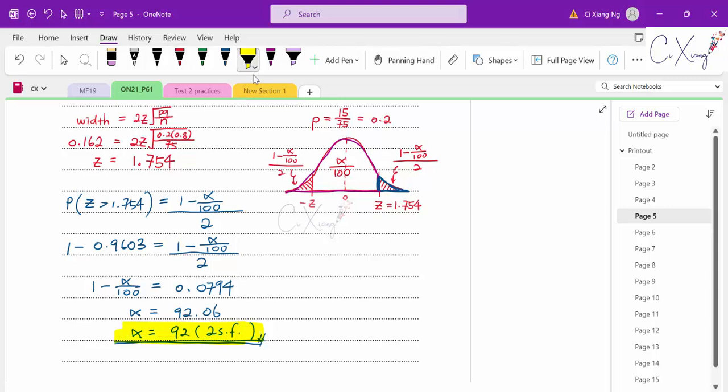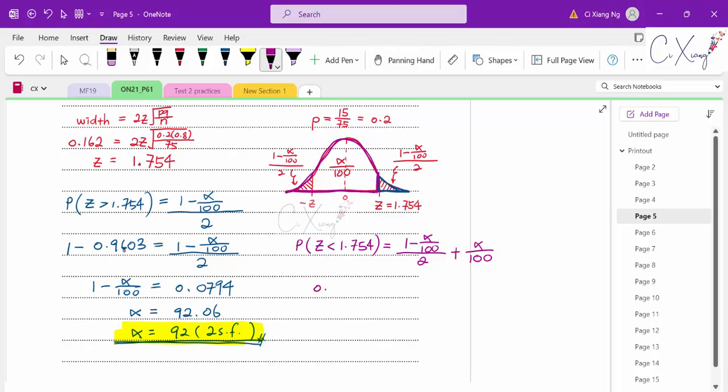If you want to use some other area, like what I showed you just now, the bigger area here, z smaller than 1.754, then you can do the same thing, where you let the probability of z smaller than 1.754 equal to 1 minus alpha over 100 divided by 2, then plus alpha over 100. The answer for z smaller than 1.754 is 0.9603.